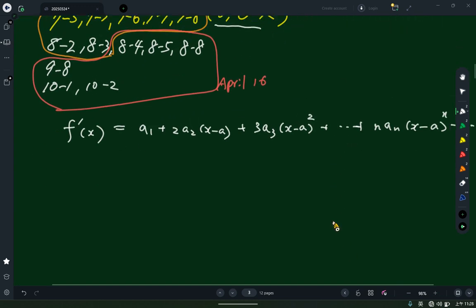Then we can continue to differentiate. Since this is a constant, this part will vanish.